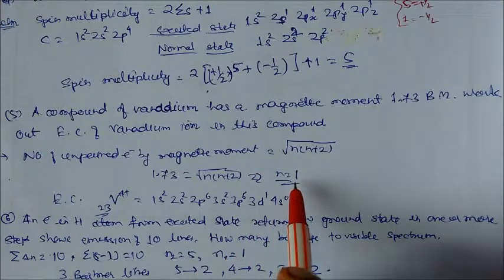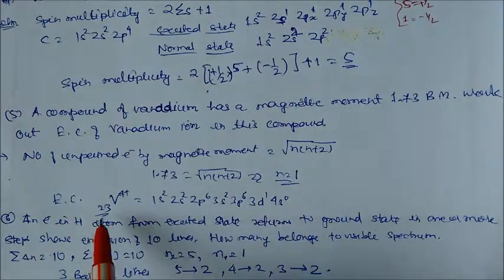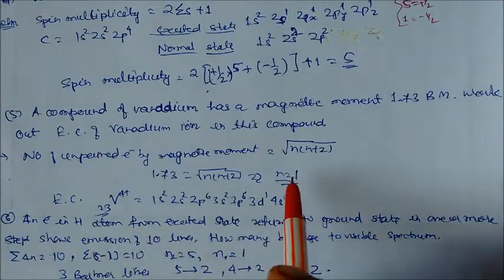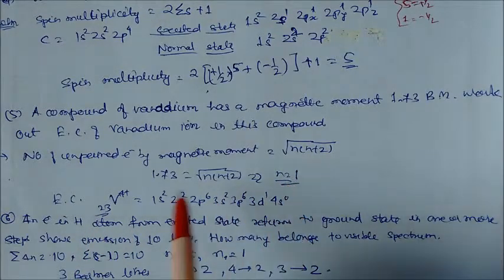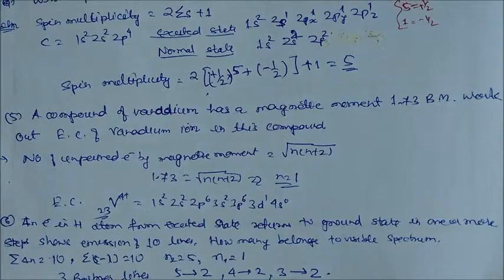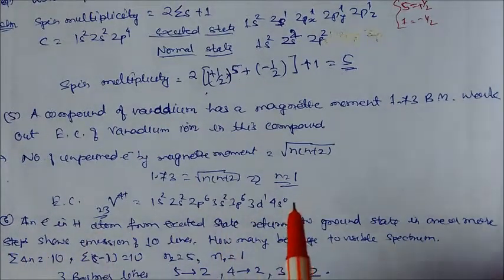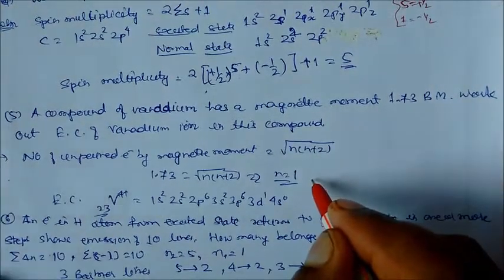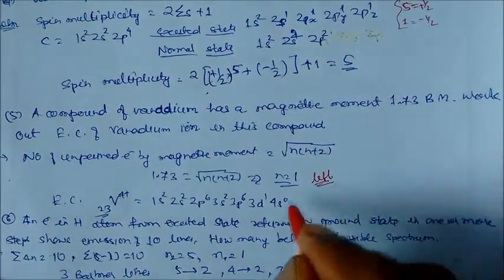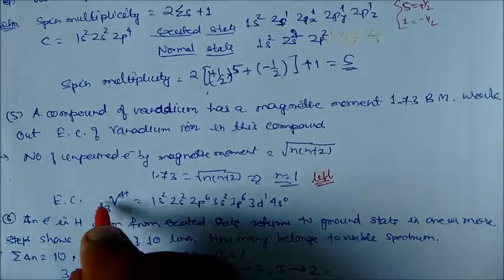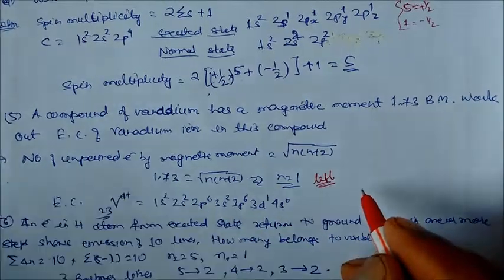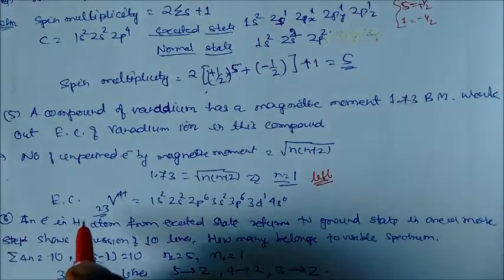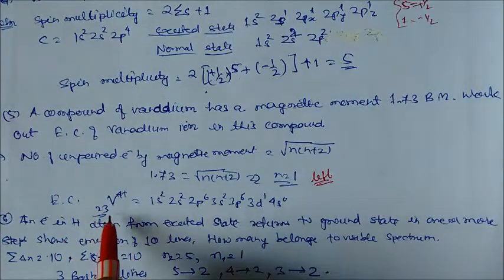So 1 means vanadium has 23 electrons. So how many have they lost? 4 electrons. They have lost 4 electrons, and 1 unpaired electron is left. So where 23 minus 4 means how much? 19. It will be 20 plus 3, 23.